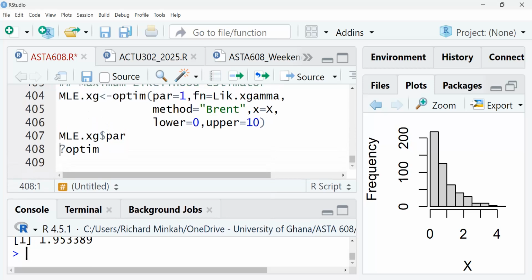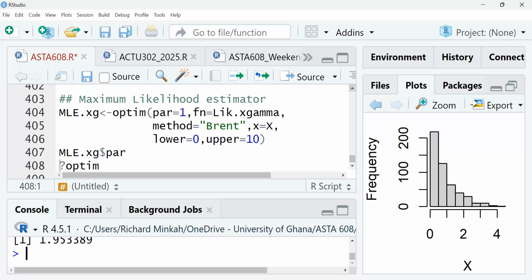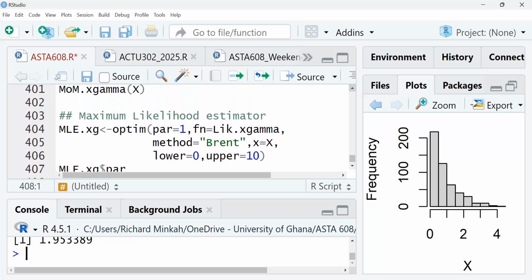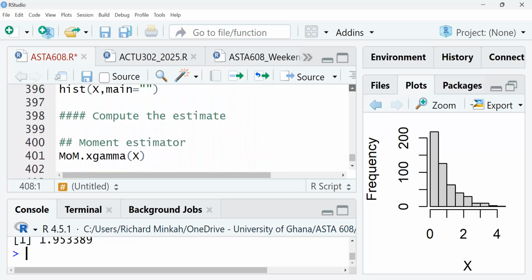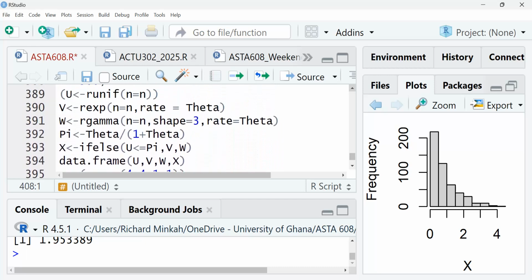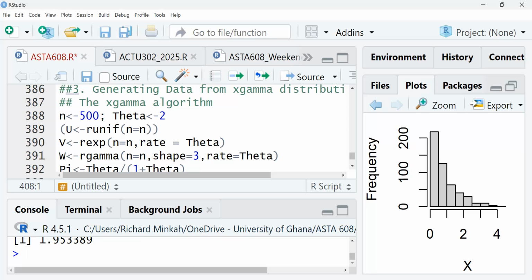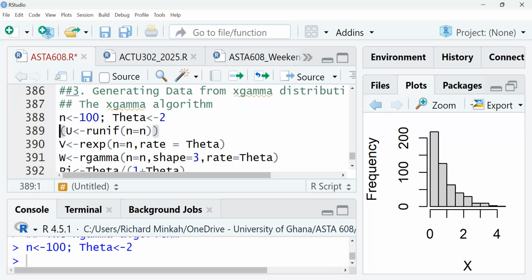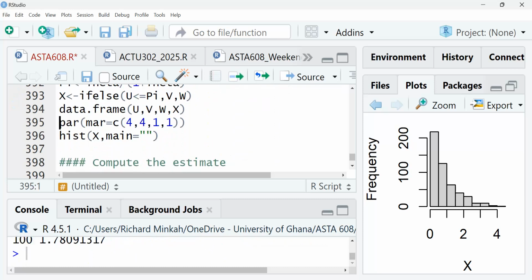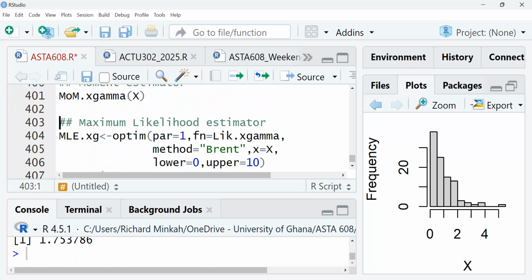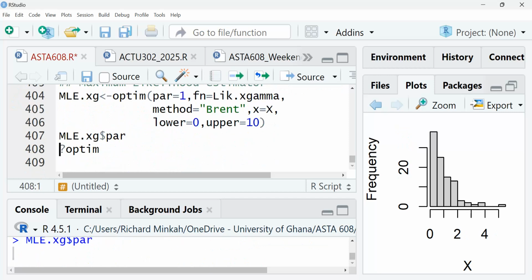I think it has a problem when theta is very small. So I change theta to be 2. So let's do this and see what happens. Theta is 2. Please, can you, after this, then we can call it a night. The changes. Yeah, 1.75. Yeah, so let's see.